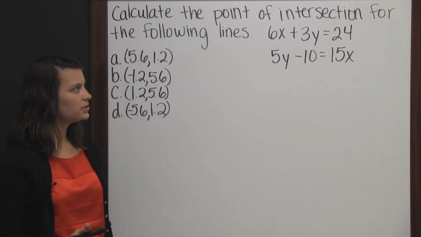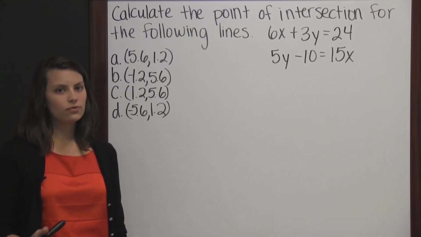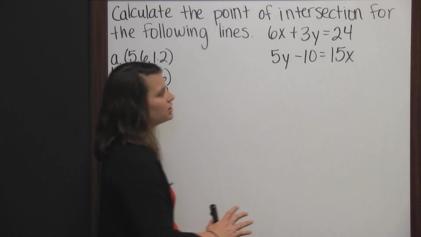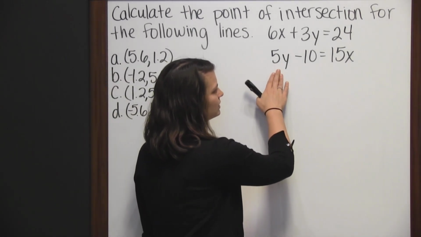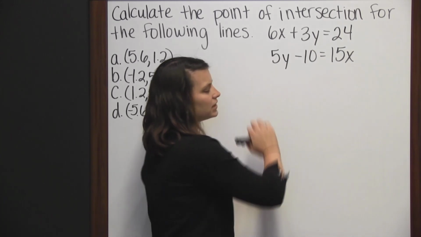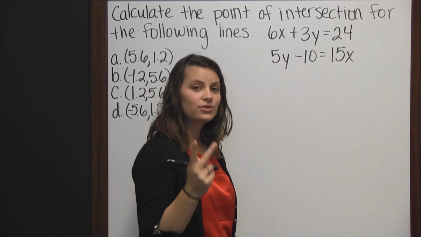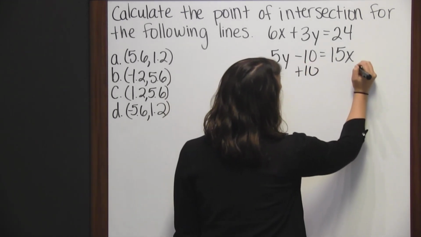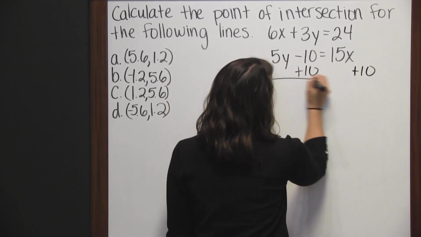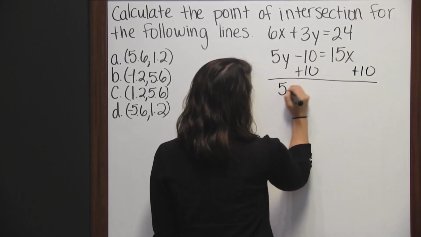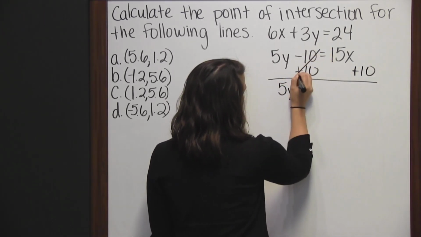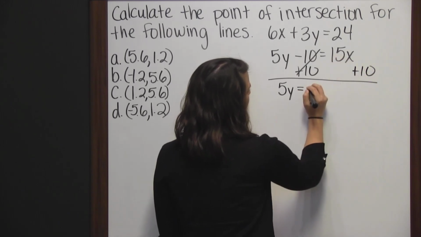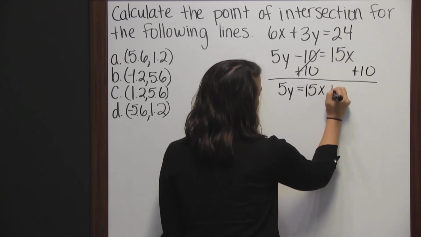And in order to substitute, I need to solve for one of my variables. Looking at my two equations, it looks like it's going to be pretty easy to get y alone in this second equation. And I'll do it in two steps. First, we add 10 to both sides. Bring down the 5y. Negative 10 plus 10 is 0. Equals, these are not like terms, so just write them down.